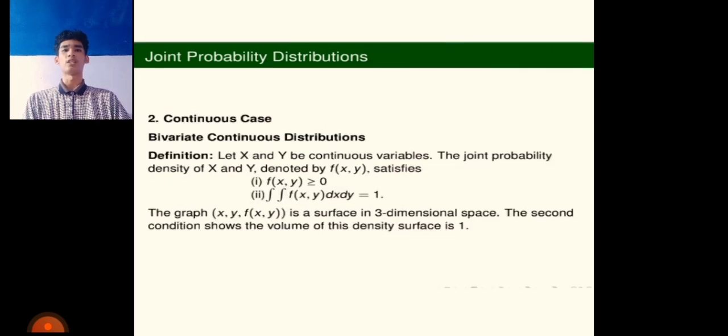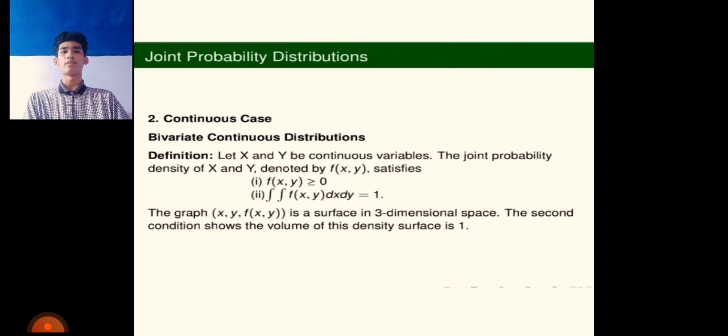Next is the continuous case, the bivariate continuous distribution. Let x and y be continuous variables. The joint probability density of x and y, denoted by f of x and y, satisfies f of x and y is greater than or equal to 0, and the integral of f of x and y dx dy equals 1.